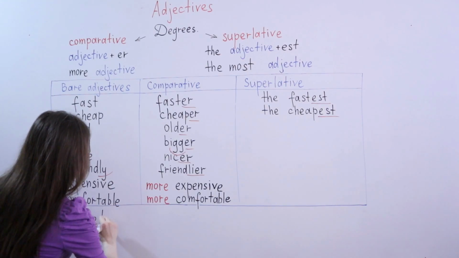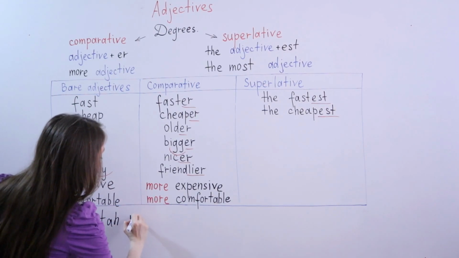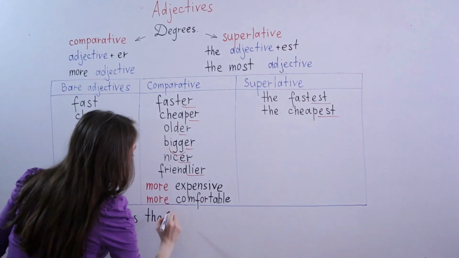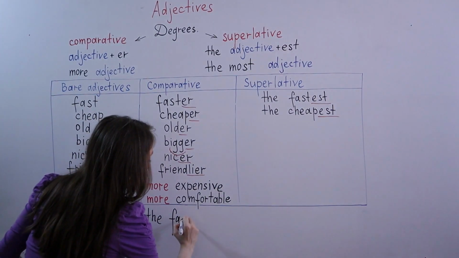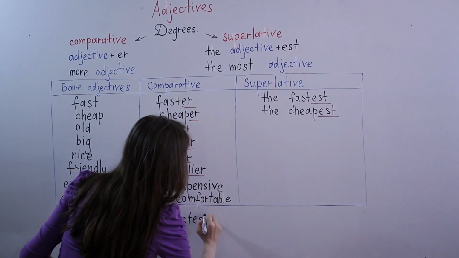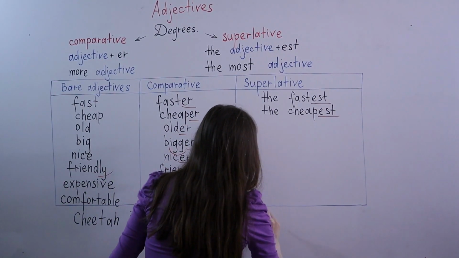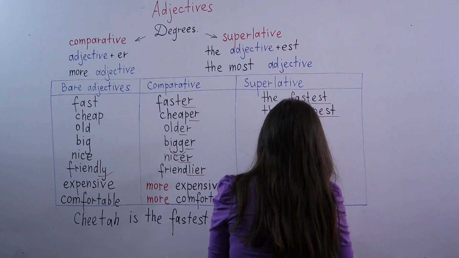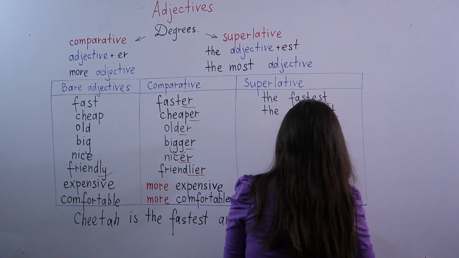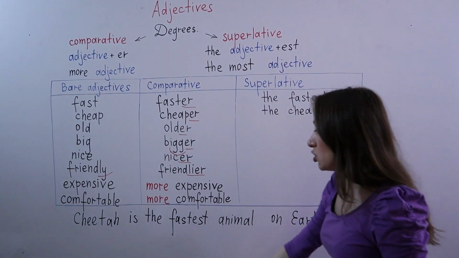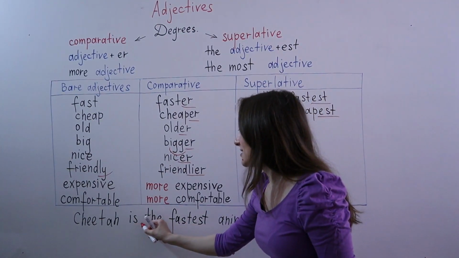Cheetah is the fastest animal on earth, right? So the fastest.